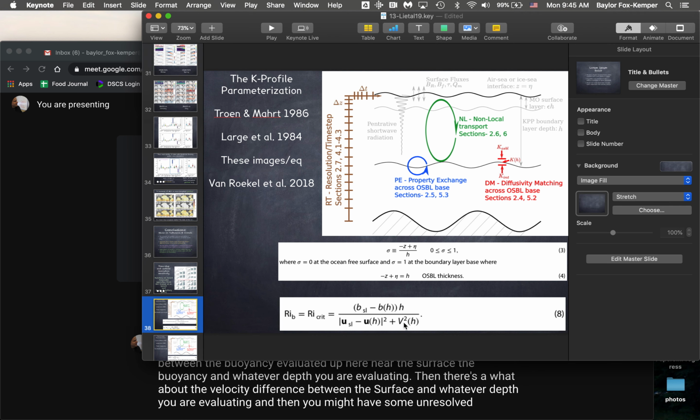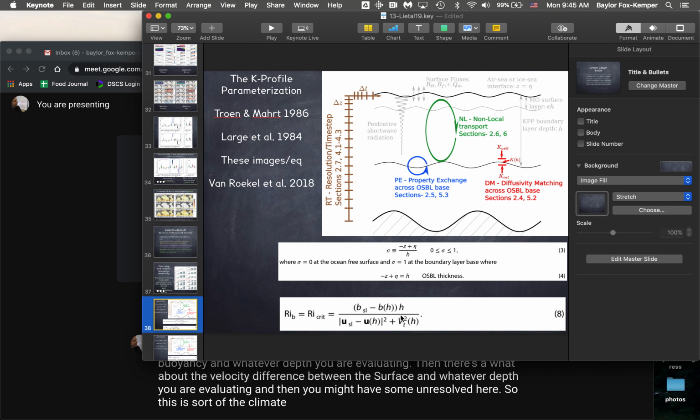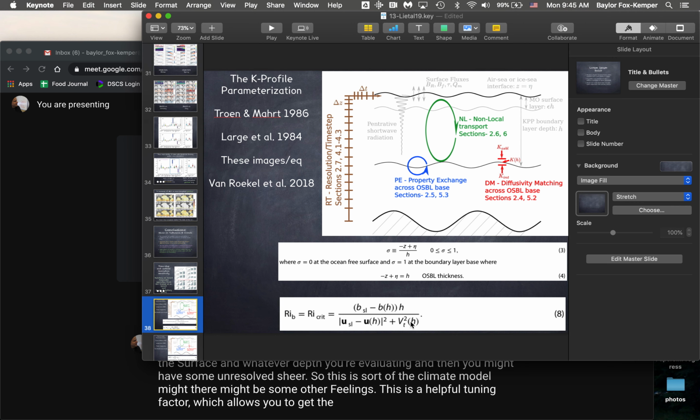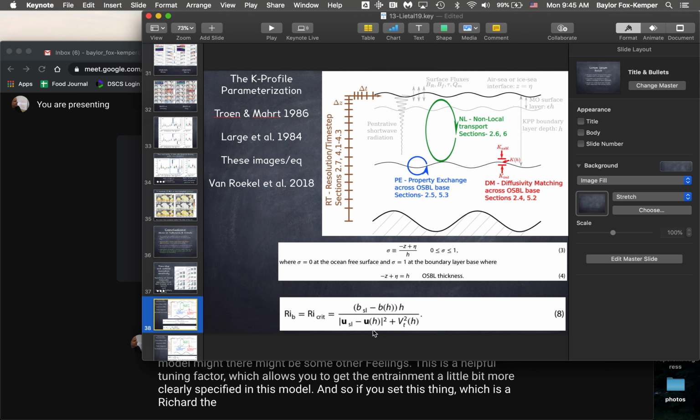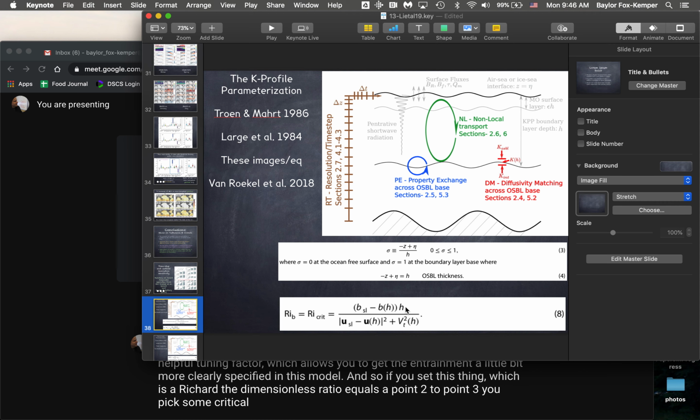So this is sort of the climate model. There might be some other scalings. This is a helpful tuning factor, which allows you to get the entrainment a little bit more clearly specified in this model. And so if you set this dimensionless ratio equal to 0.2 to 0.3, you pick some critical value, then you can determine at what depth this H, which is the boundary layer depth, best matches that value.